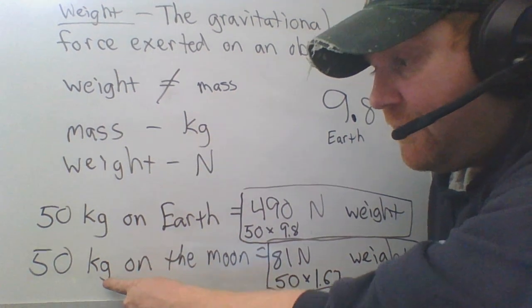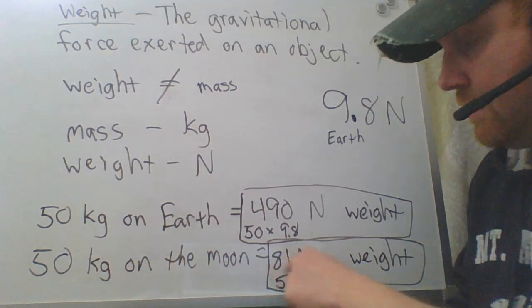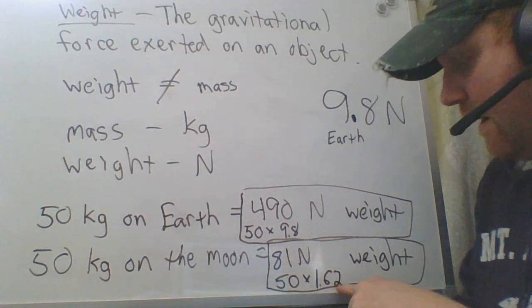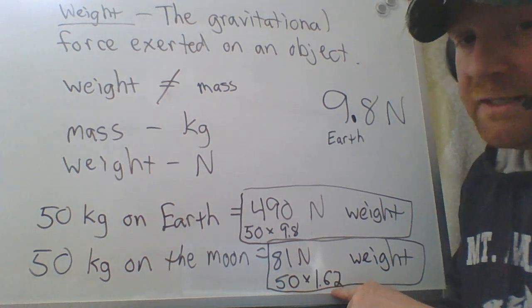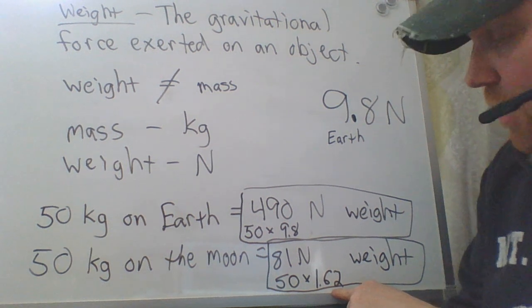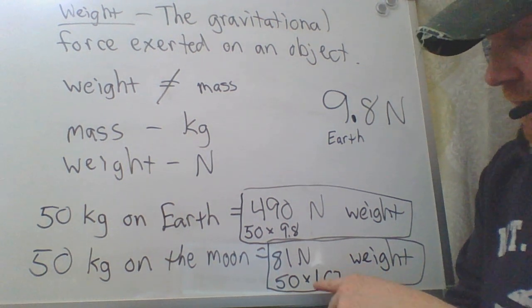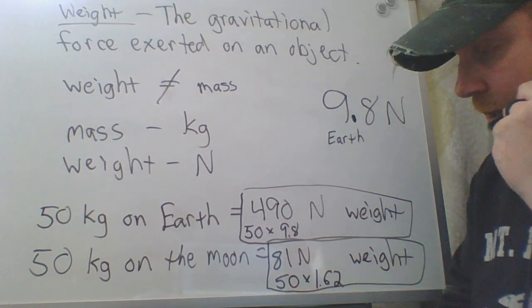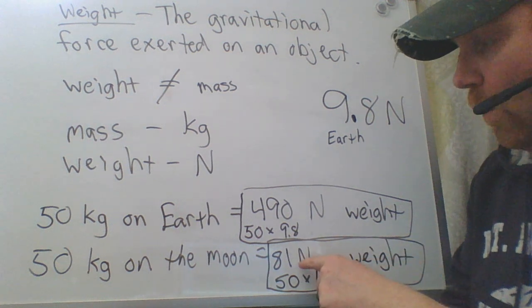That same 50 kilogram person on the moon, if you multiply 50 by 1.62, I had to look that up, that's the gravity on the moon per kilogram. That same person would weigh 81 newtons.